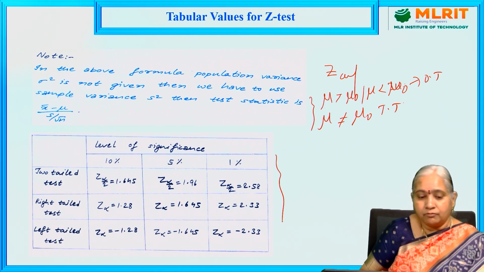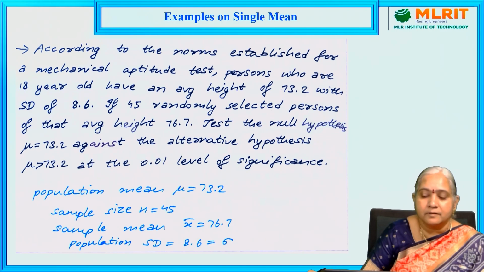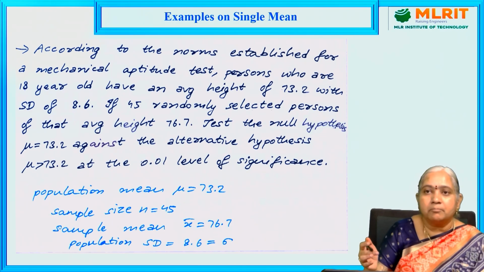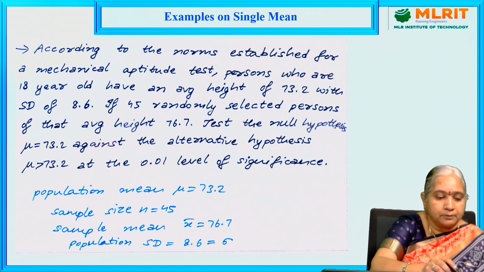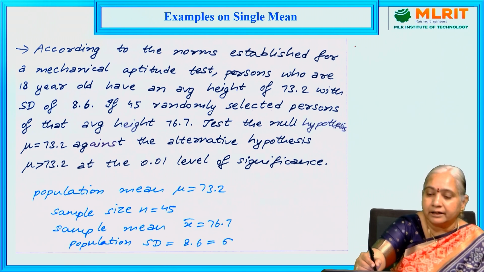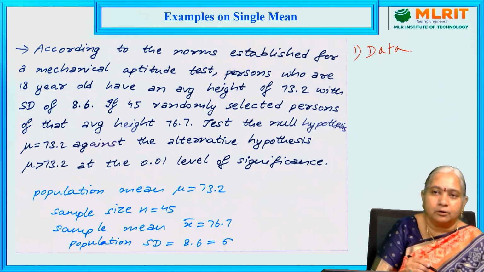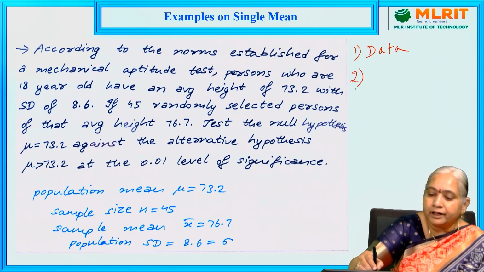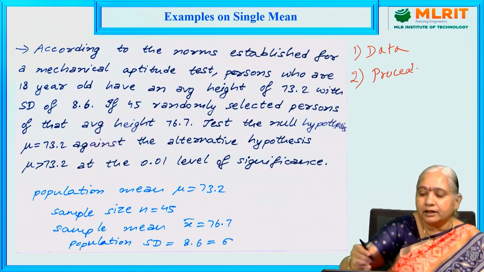Now, when we are solving the problems, always remember: first, whatever data is given in the question, we write the data in mathematical notation. Then we write the procedure for testing of hypothesis.